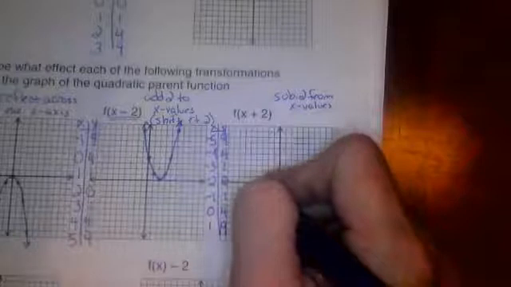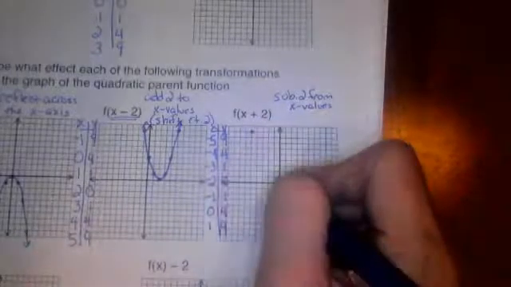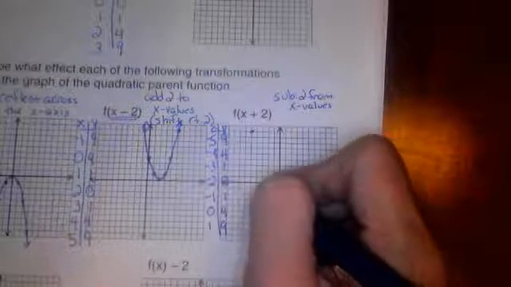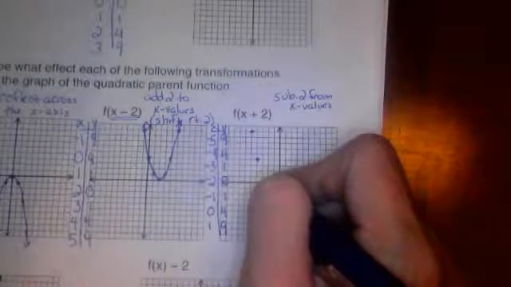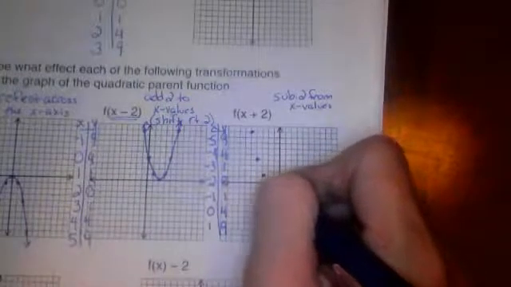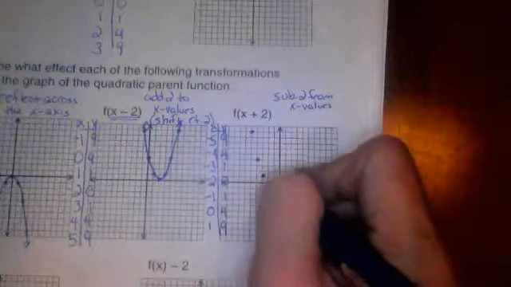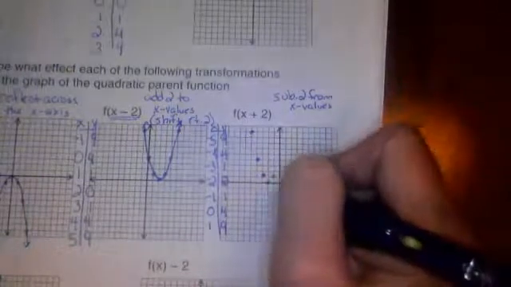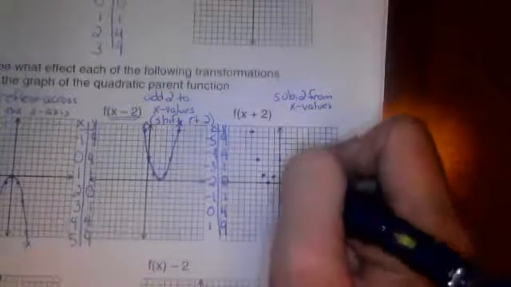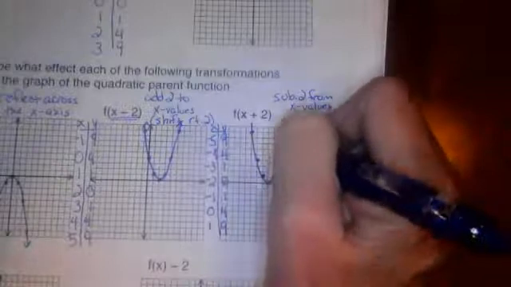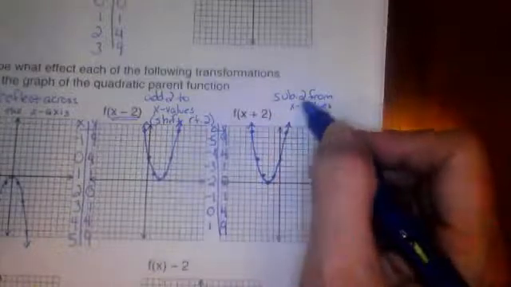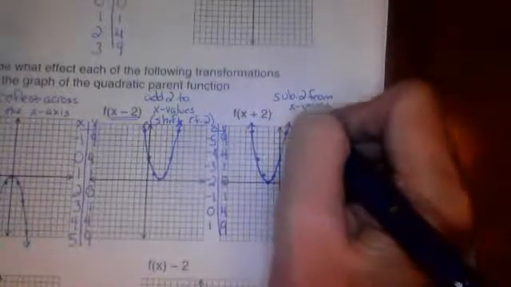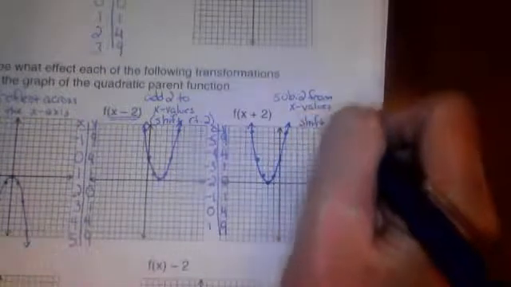We've got negative 5, 9, negative 4, 4, negative 3, 1, negative 2, 0, negative 1, 1, 0, 4, and 1, 9. And we can see that this notation, which meant to subtract 2, shifts our graph to the left 2.